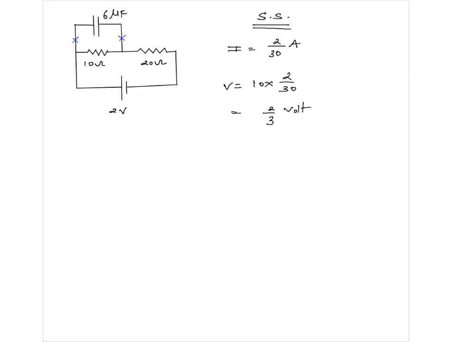Now can you try to tell the answer? If 2 by 3 volt is the potential difference across these 2 points, 2 by 3 should be the potential difference across these points. Now I have cut because there is no current flowing, but actually it is in contact. So this potential is same as this potential. This potential is same as this. So if it is 2 by 3 here, it must be 2 by 3 here also. You know the potential difference, you know the capacitance, it should be possible to tell the charge.